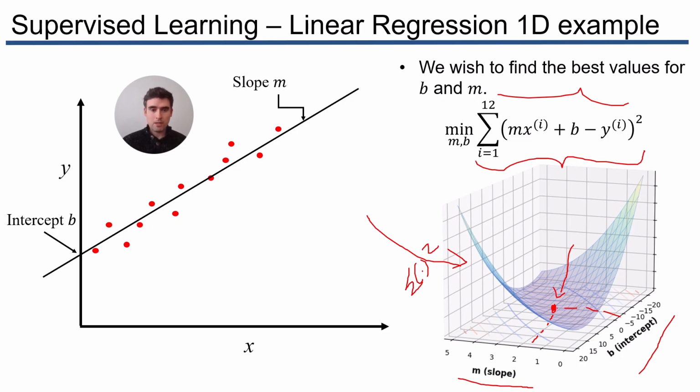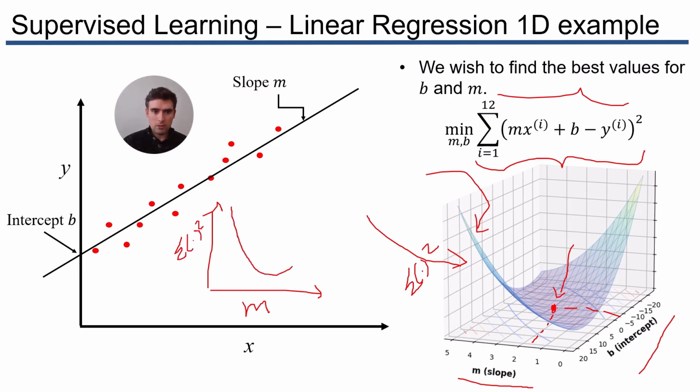Now, this looks like a bowl-shaped function, and if you remember from your calculus classes, let's assume that I'm going to look at the problem in one dimension now. Let's assume that we only have m here, and here we have our least squares. If we have a bowl-shaped function like this, this is what we call a convex function, and we want to find the minimum point here. What we're looking for is a place where the slope of this function is equal to 0, because at the minimum, the slope of that function is equal to 0.